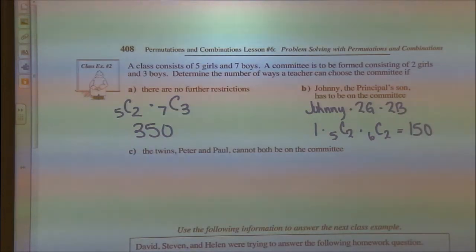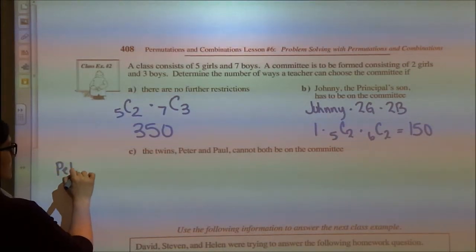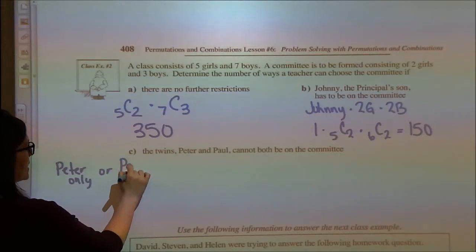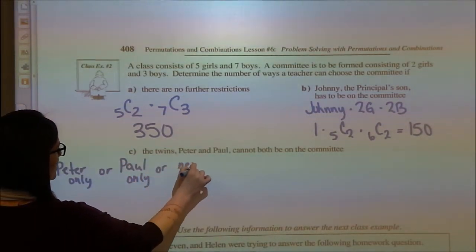Okay. And then how many committees where Peter and Paul, who are twins, can't both be on the same committee? So that means the number of committees with Peter only, or Paul only, or neither.